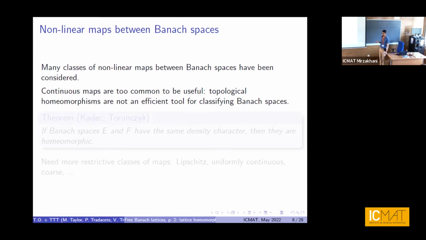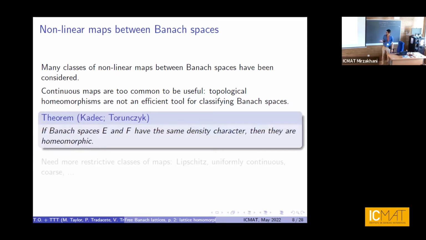First, people were looking just at continuous maps between Banach spaces, and continuous maps turned out to be not very useful. And there is this theorem which was first established by Kadets in, I think, the 1960s, and then a little bit later. So Kadets established it in the separable case, Torunczyk later in general.